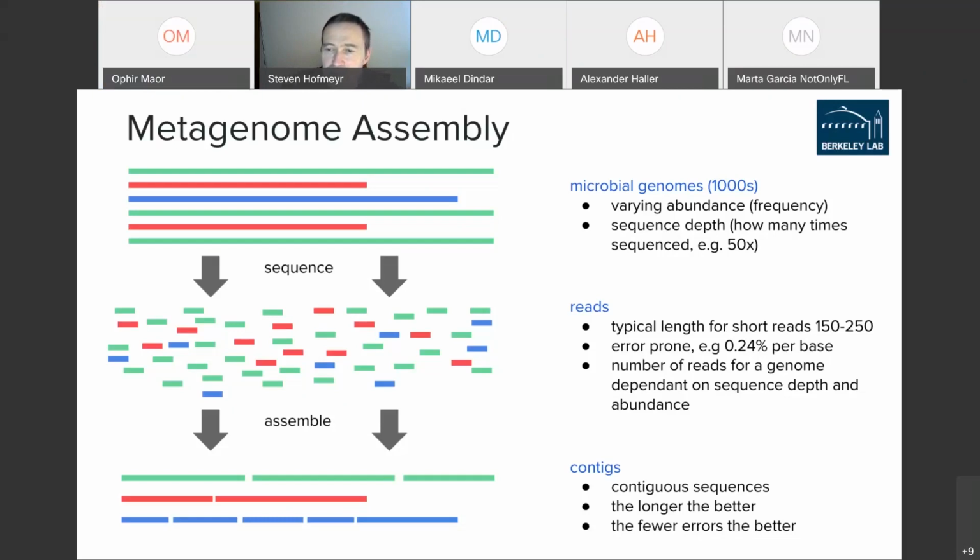You also have some small level of errors, about 0.25% per base. To deal with the errors, you don't just get one copy of the sequencing from the environment, you get multiple copies. This is called the sequence depth, in case you've heard of it. So the number of reads that will map to a certain genome depends on both the depth and the frequency or abundance of that genome.